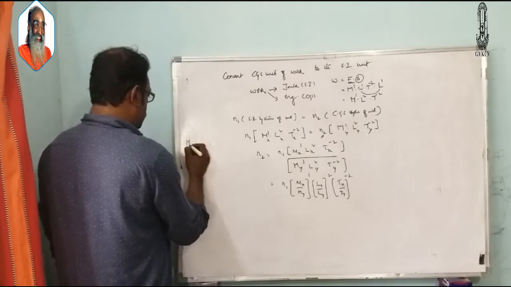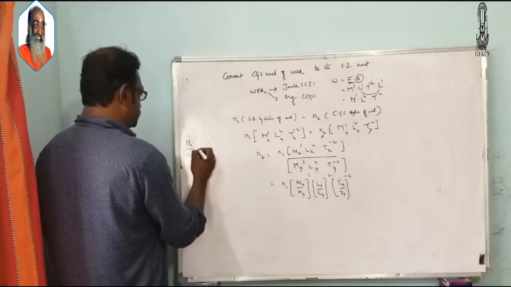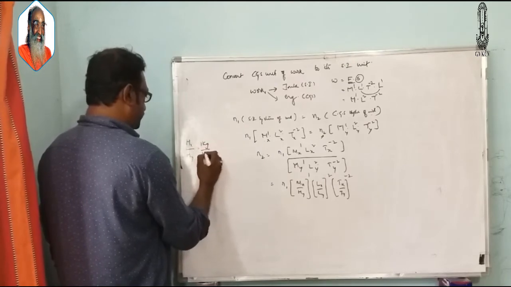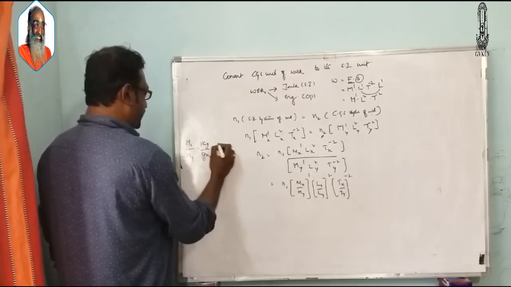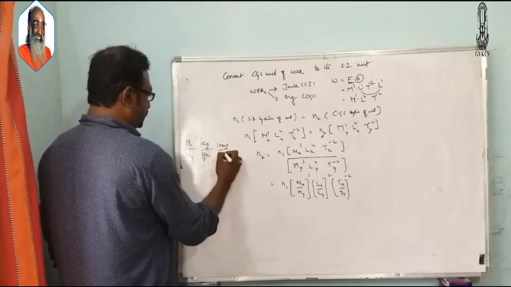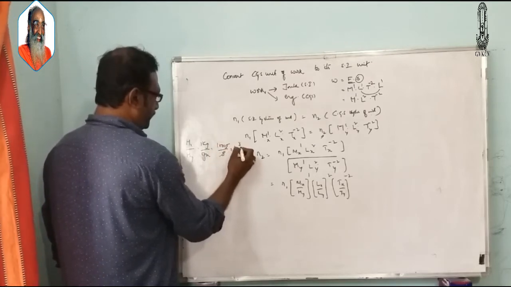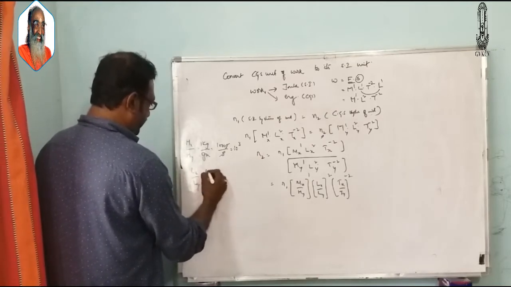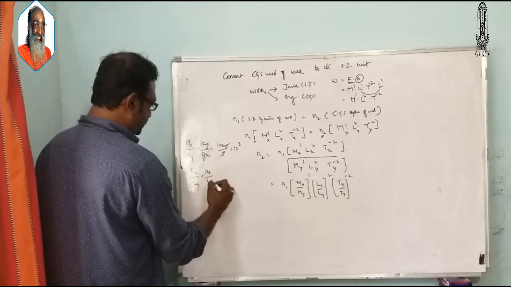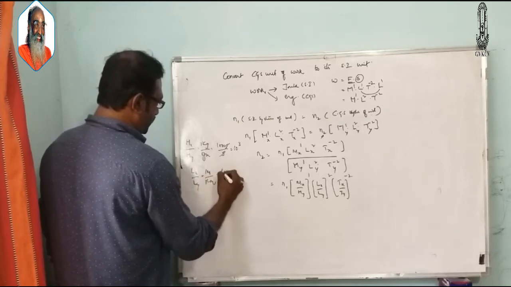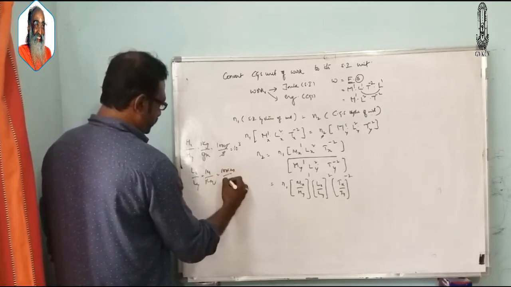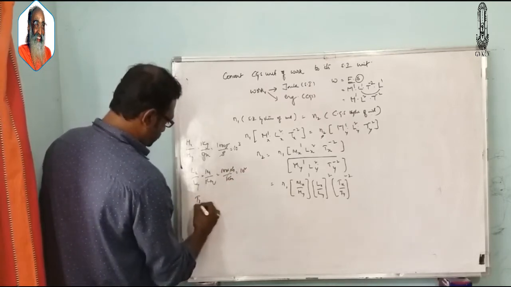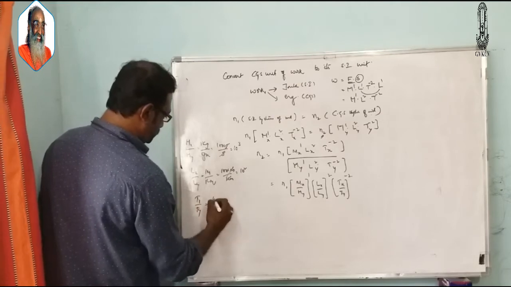Now, taking this as SI and this as CGS, this is in kg, this is in gram. 1 kg is 1000 gram, so it is 10 to the power of 3. For length, it is 1 meter and it is centimeter, so it is 100 centimeter, so it is 10 square, and for time, it is 1 second, so 1.